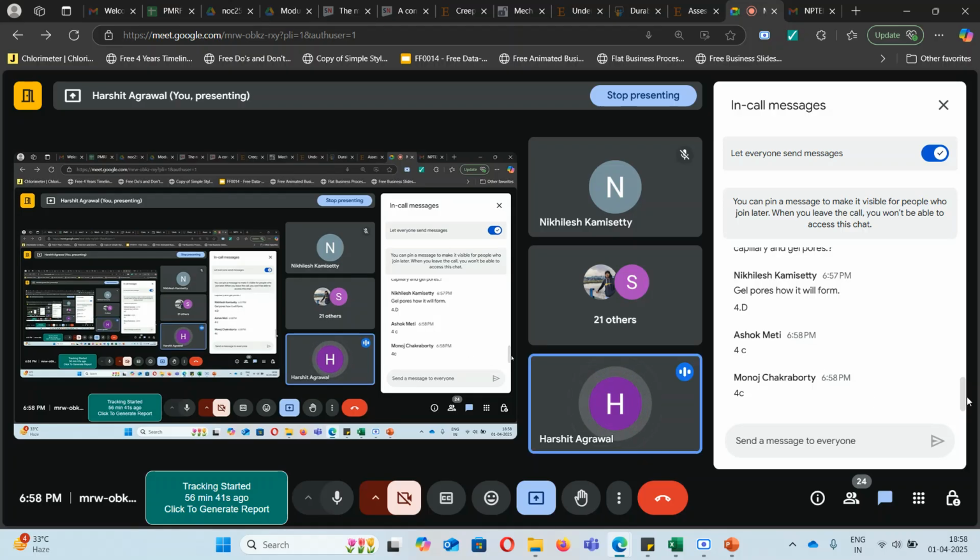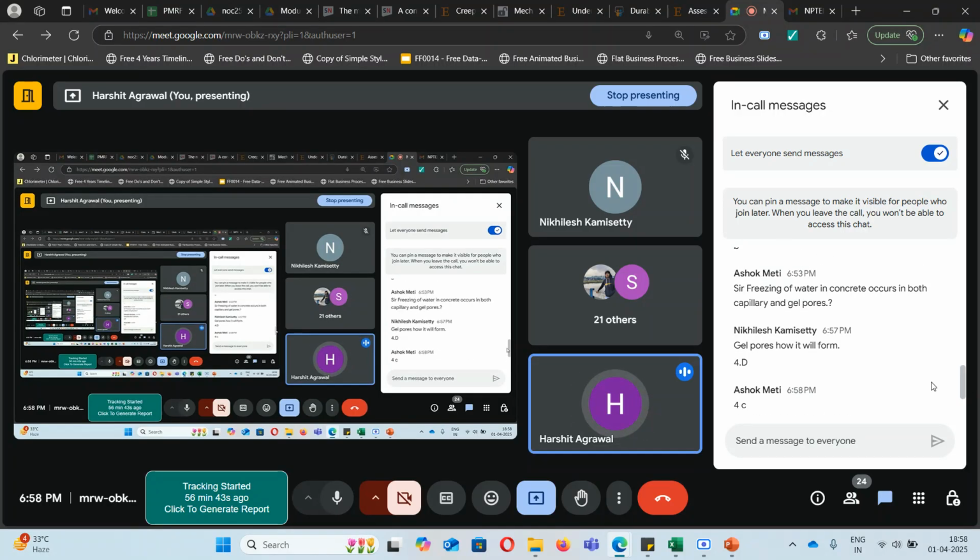We have discussed earlier, right? Different types of porosities in concrete: gel pores, gel water, capillary water, adsorbed water. So gel pores can form when there is drying of concrete, and excessive drying can lead to loss of gel water also, which can lead to formation of gel pores inside concrete.